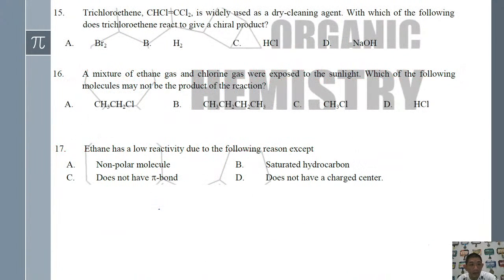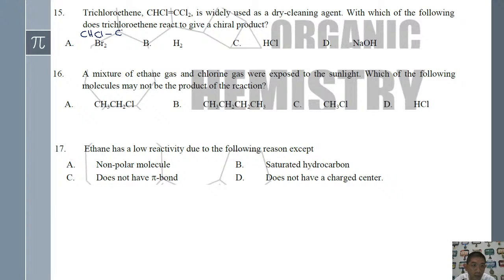We go to number 15. Trichloroethene, C2HCl3, is widely used as a dry cleaning agent. Which of the following does trichloroethene react to give a chiral product? So we are going to discuss one by one. What is the expected product when each of these reacts with the substance involved?